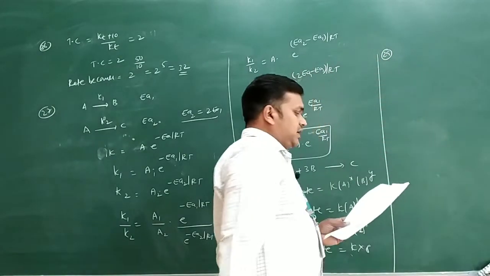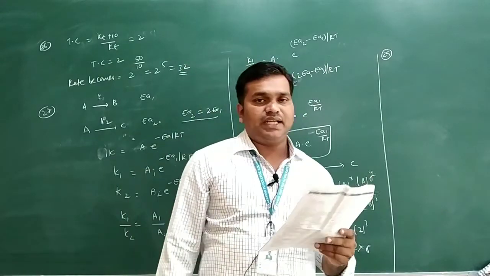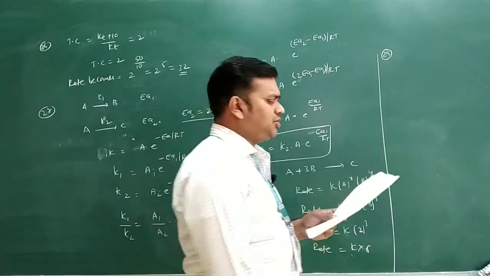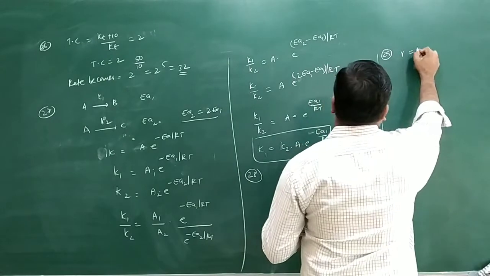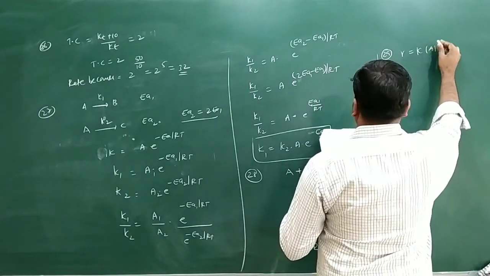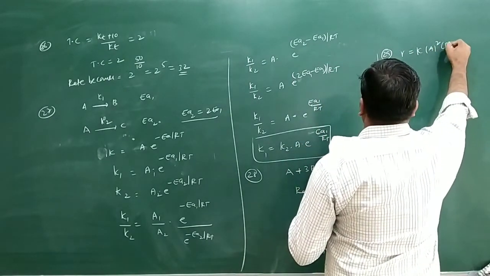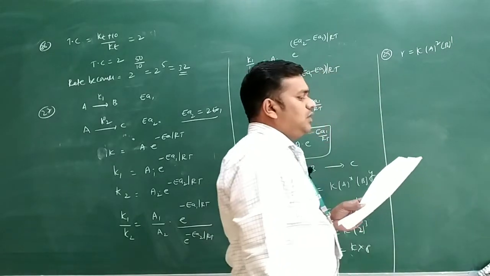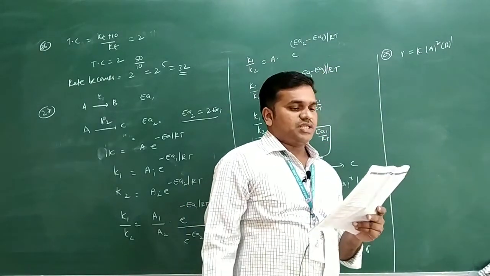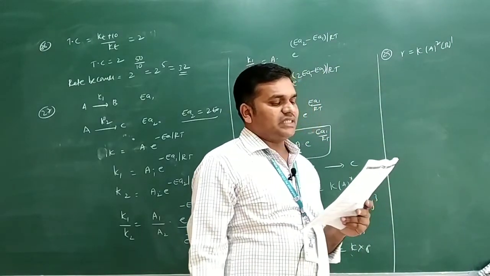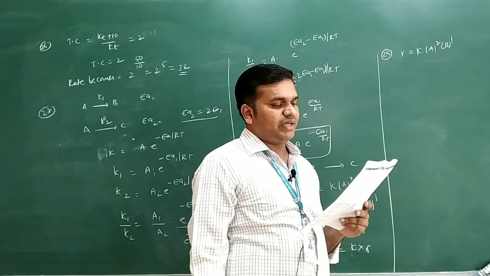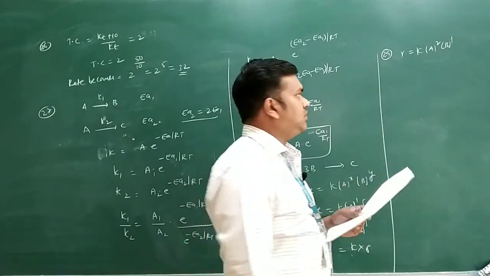See question number 29. The rate of reaction R is equal to K into concentration of A whole square and B whole power 1. Now they are asking, if the concentration of A is doubled and B remains the same, what is the rate of reaction?